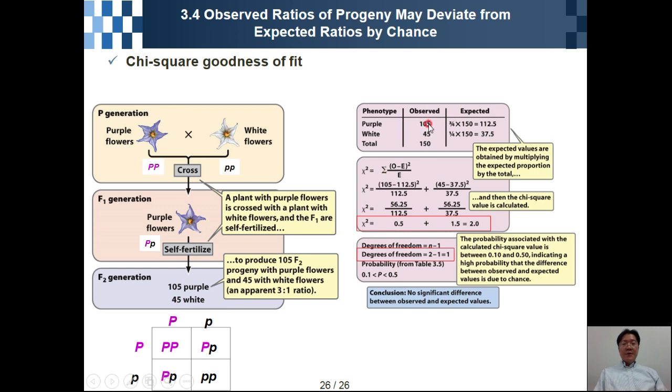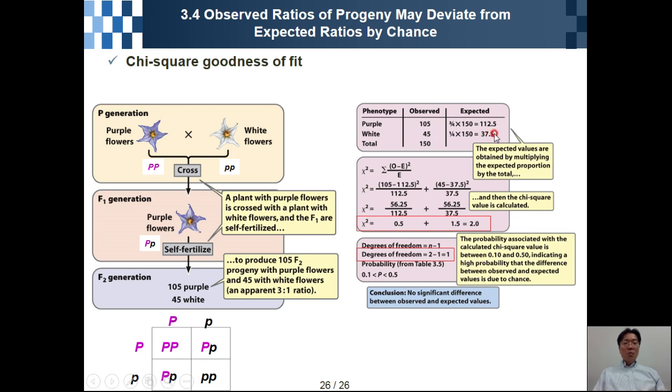So this is the observed value. 105 plus 45, the total is 150. So our expected value is 3 out of 4 multiplied by 150, which is 112.5, and also 37.5 is our expected value.